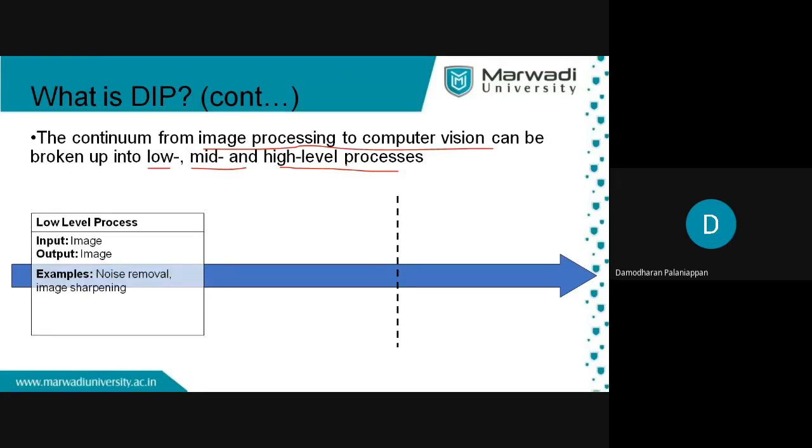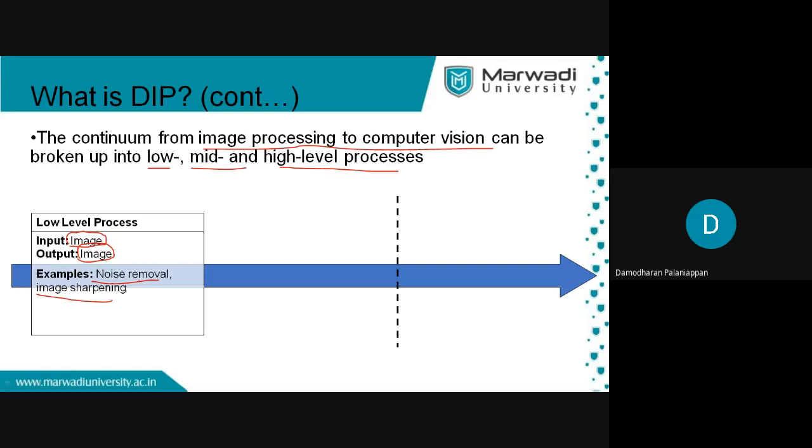In each process we have an input and an output. Here in the low level process, we give an image as the input and we also get an image as the output. The processes that can be done here are image sharpening and noise removal.